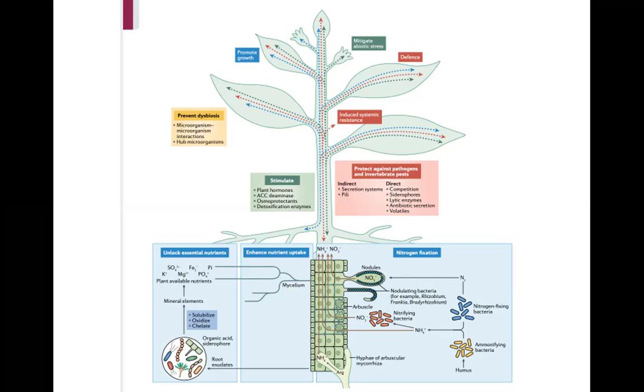That means sulfur as sulfate form, iron for example, ferrous or ferric form, phosphorus in phosphate form, magnesium in ionic form, potassium in ionic form, and plant can uptake those ions. So it is a fantastic mutualistic relationship.